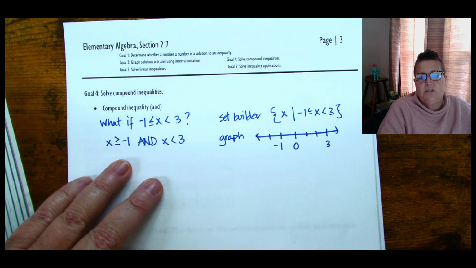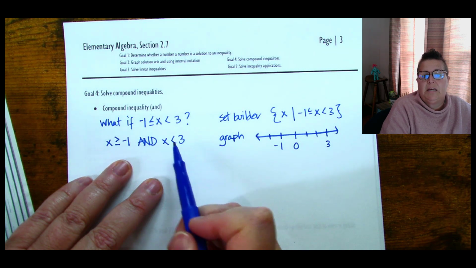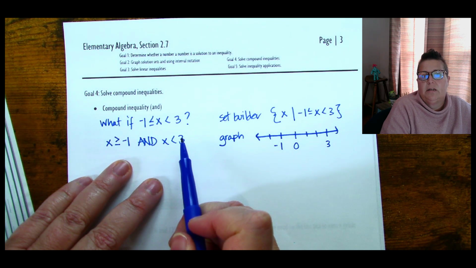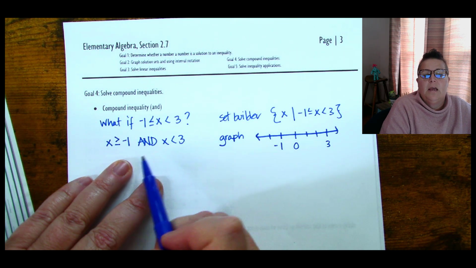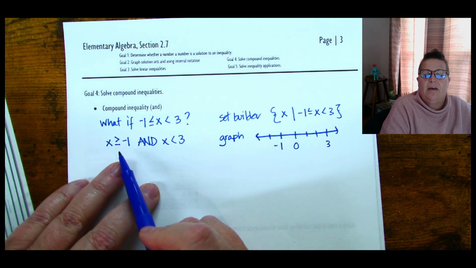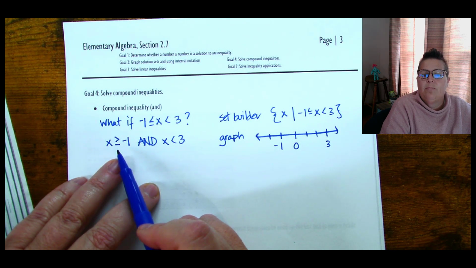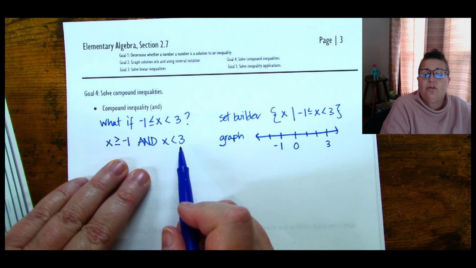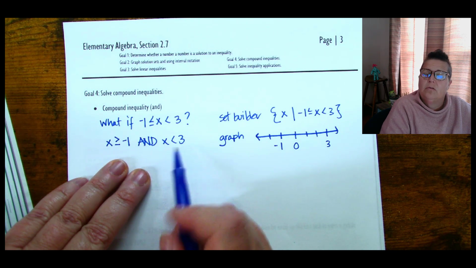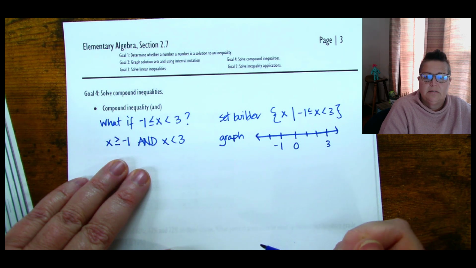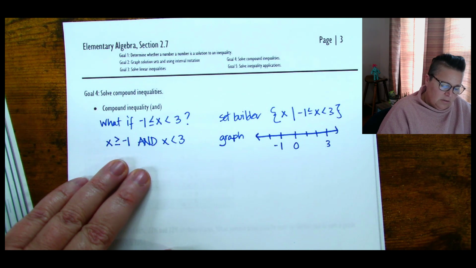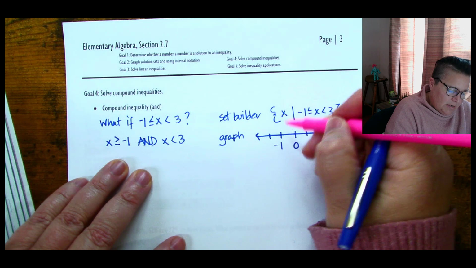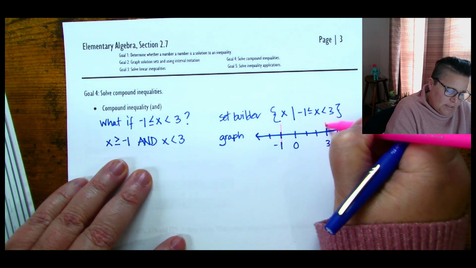But those are the two numbers that I need because they're in my compounded inequality. At negative 1, we have a closed circle or a bracket, and x at 3 has an open circle or parentheses. It just depends. So I'm going to divide this graph into 3 sections.